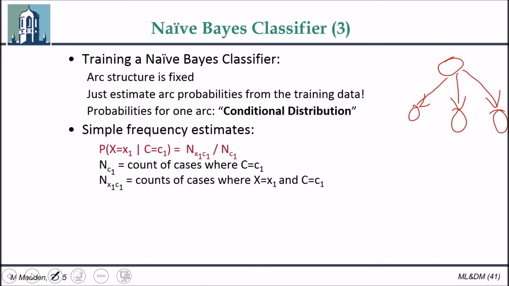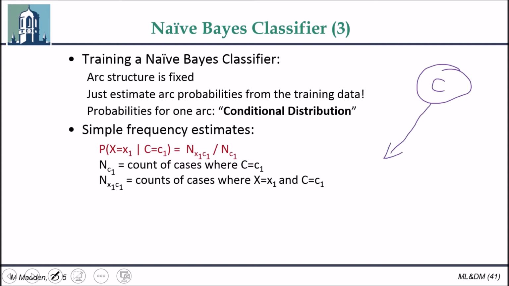So what we need to come up with for a single arc is, if we've got class C and we've got an independent variable x1 that can take on some values, we need to have a set of probabilities there, which is the probability of x having the value x1 given that our class node has a value c1, for example.